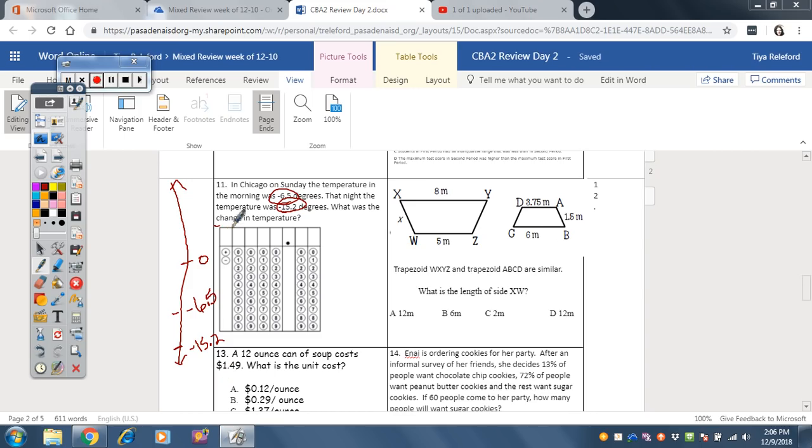What was the change? Change means you're going to subtract. If it went from negative 6.5 to negative 15.2, how much did it change? And was it a positive or a negative change?